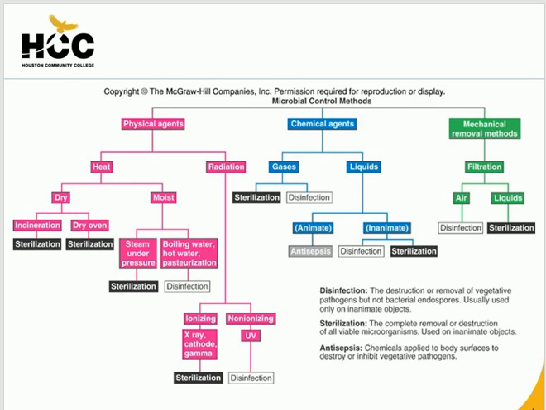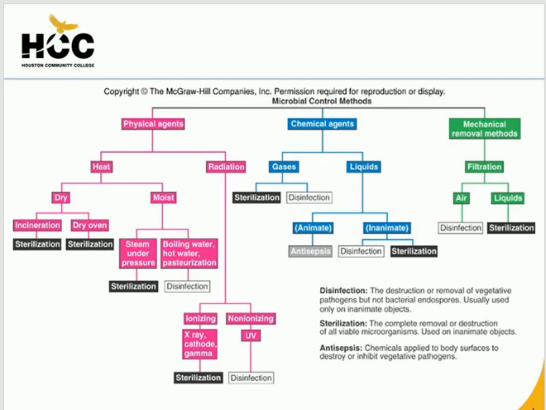So if you're using moist heat under pressure, sterilization. Heat under pressure, and it has to be above 120, right? Heat under pressure, sterilization. Not under pressure, like boiling water, hot water, pasteurization, in all cases you're just doing disinfection. So unfortunately, you didn't get rid of the endospores.